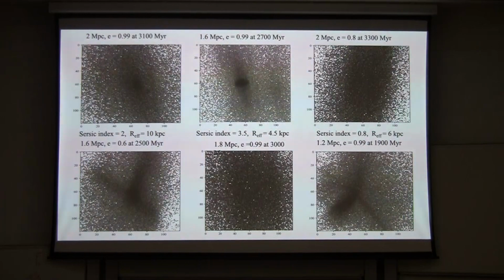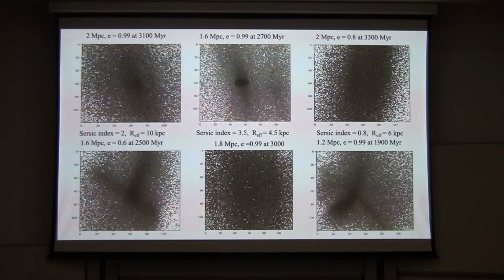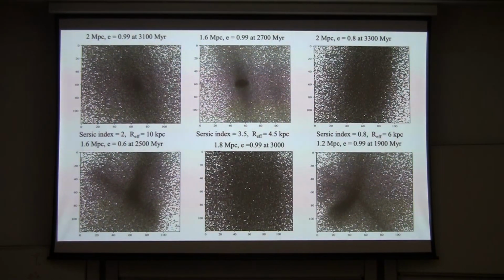There is one possible case that looks okay, but still the Sersic index is 3.5 and the effective radius is 4.5. I'm not an observer, so I don't know if it's realistic. They have to undergo disruption to reach that level, and when they are disrupting, they look like this. I don't know if observers can even see such objects, which is a question I would like to know the answer to.